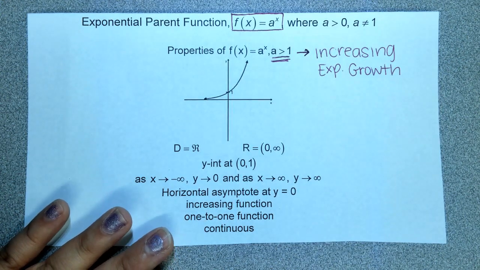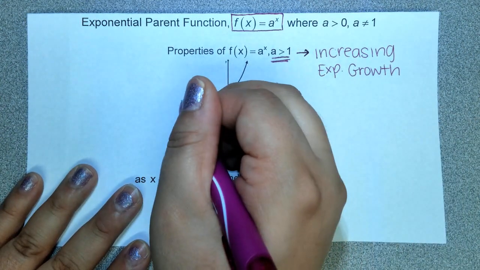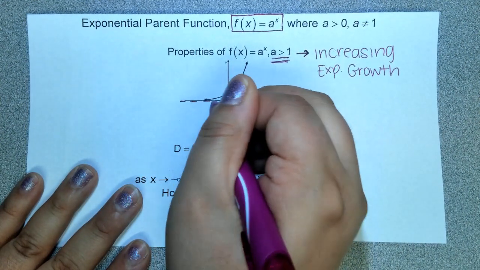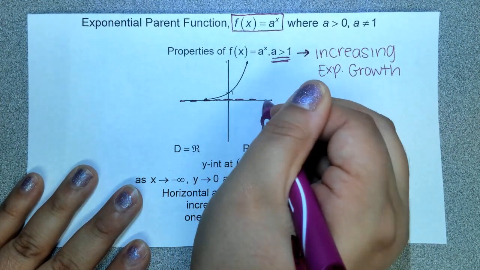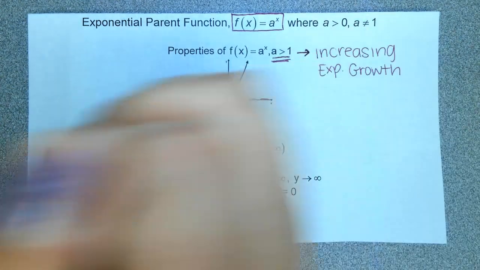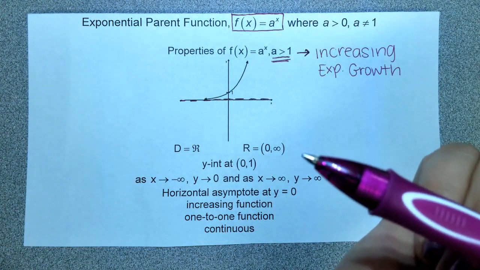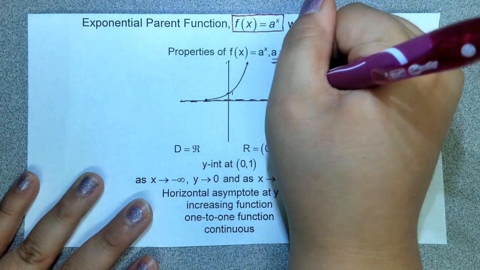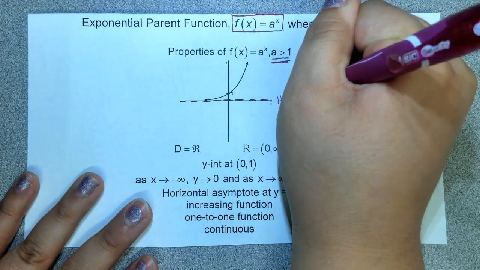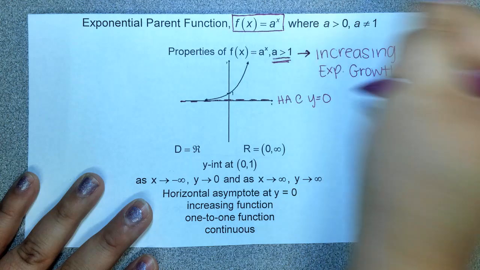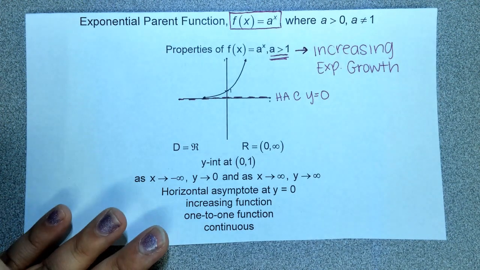What this picture doesn't have that I want you to add in is an asymptote. Tomorrow on your quiz, you will have to graph one of these pictures. And please make sure you include the horizontal asymptote. And if there's no shift, it's the parent function, it's at y equals 0.